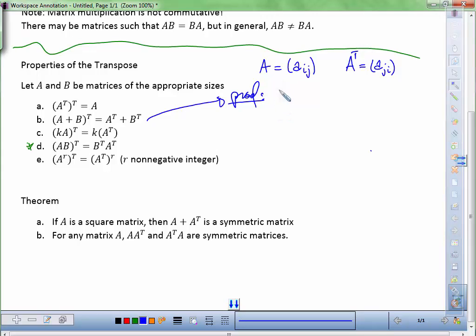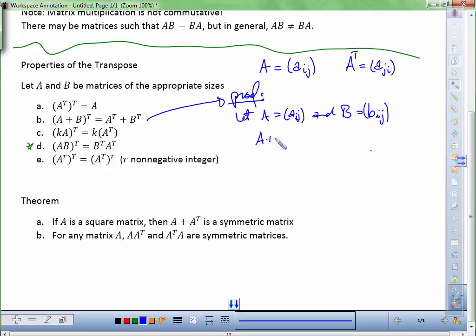So what we want to do in our proof is we're going to say let A equal A sub ij, and we'll let B equal B sub ij. And then what we're going to get is A plus B, which is what we're concerned about.